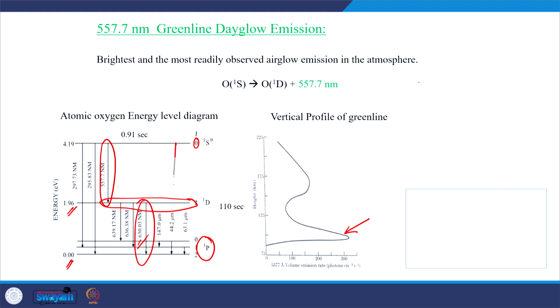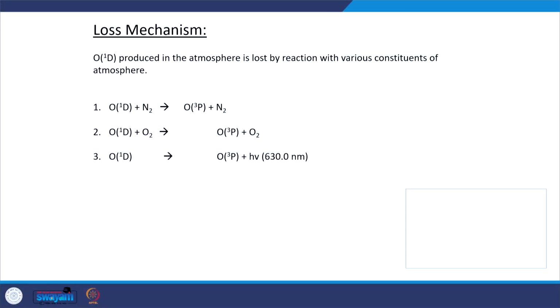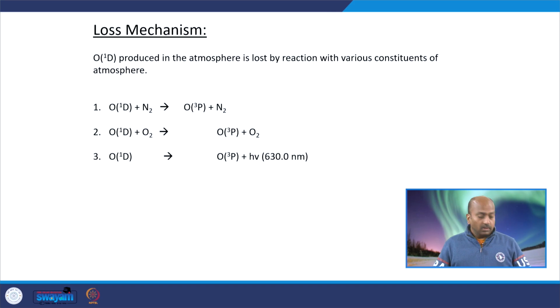So, this reaction is actually a source for the 630 nanometer emission. Similar to this, we also have the loss mechanisms or loss processes, which remove some of the population of oxygen in the excited state, and it could be interaction with nitrogen, oxygen, or any other processes.